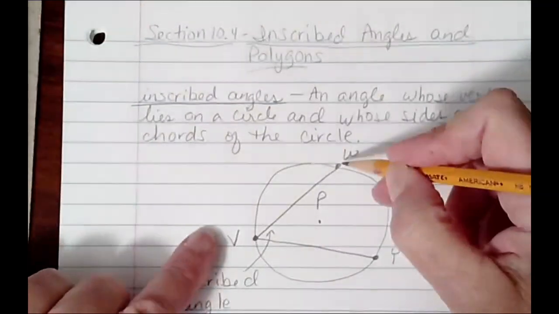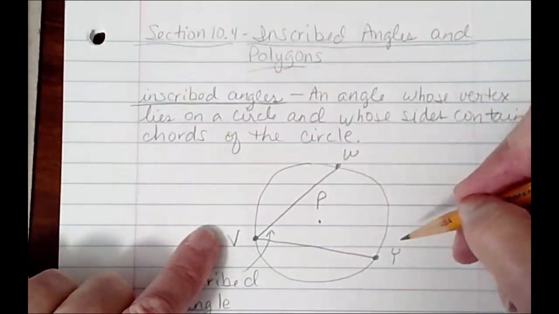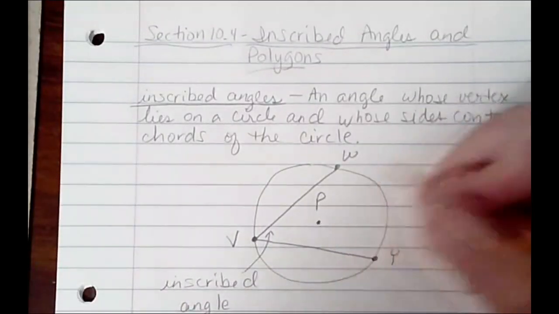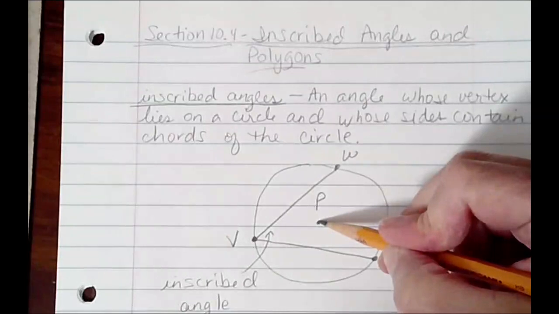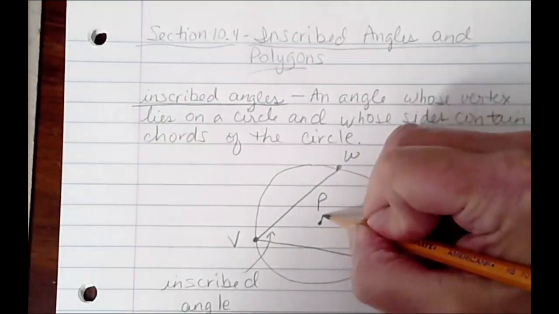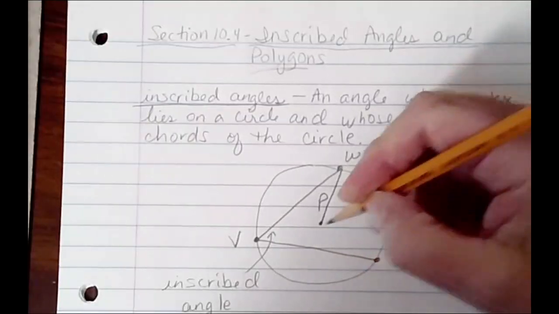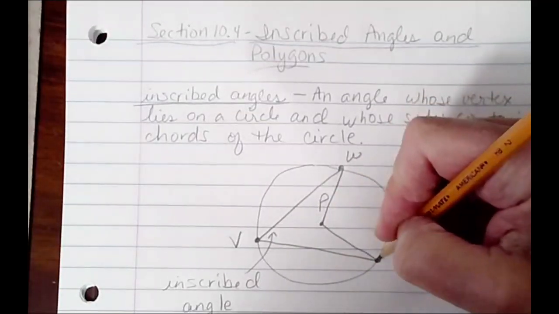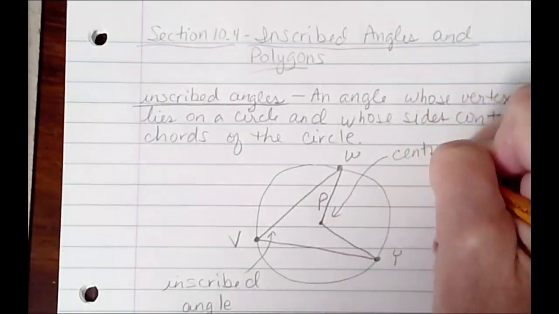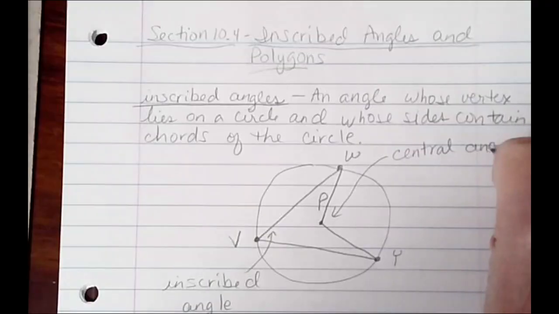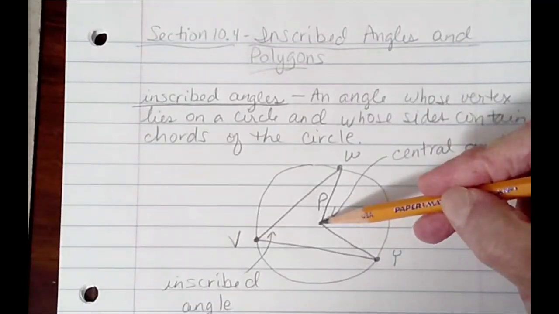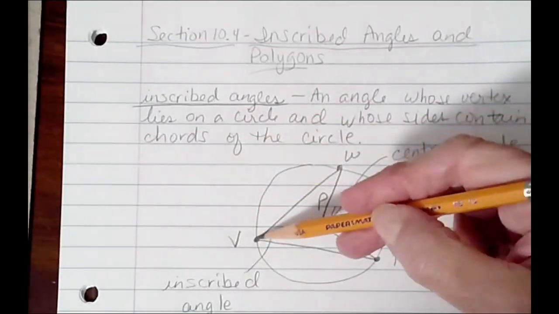It's generating this arc WY, right? To get a feel for it, if I were to create a central angle, remember, a central angle has its vertex at the center. If I go from the center P to W and from P to Y, this is a central angle. A central angle has its vertex at the center, an inscribed angle has its vertex on the circle.